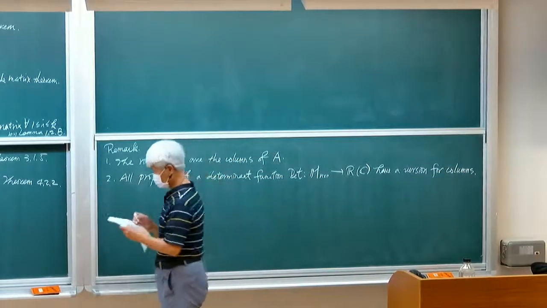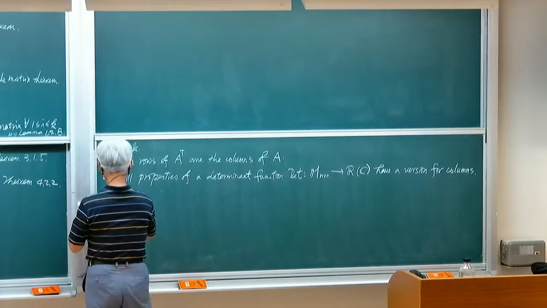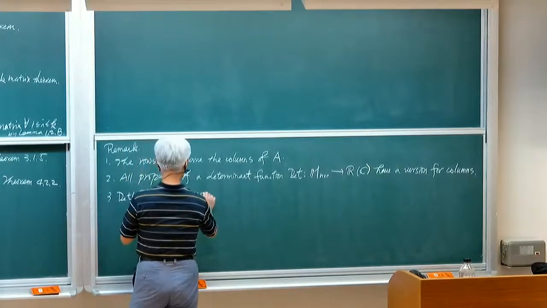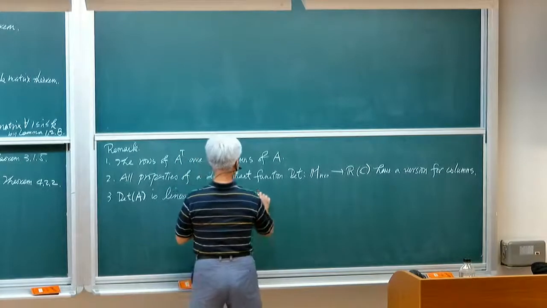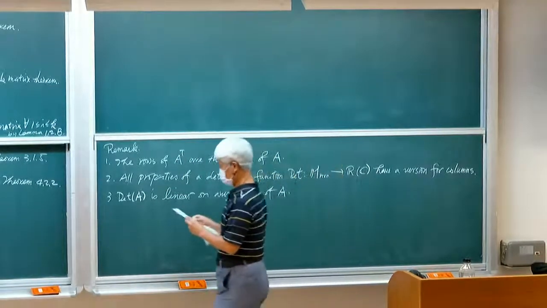So I will say it: the determinant of A is linear on any column of A. All right, so that would be useful.